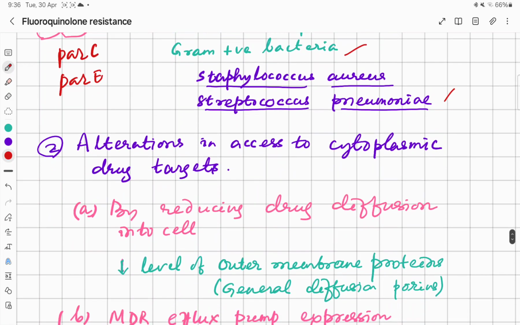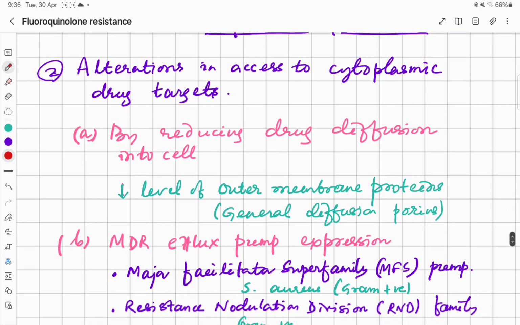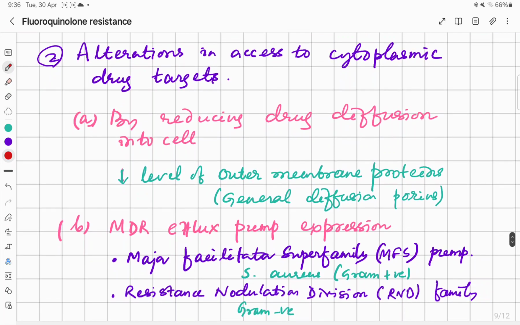Then the second mechanism of resistance is alterations in access to cytoplasmic drug targets. This can be by reducing the drug diffusion into the cell, so that less drug is available.